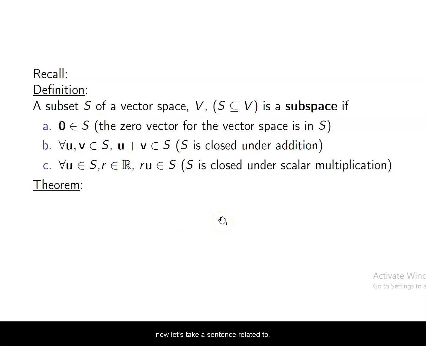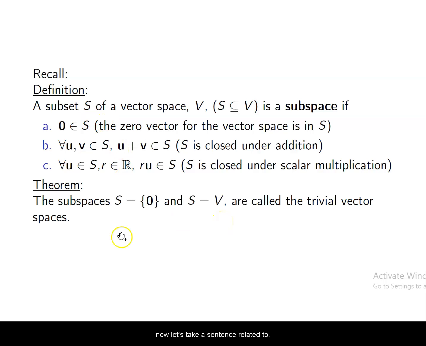That is our definition of a subspace, right? So now let's take a theorem to relate the two. The subspaces are S containing only the zero vector, and the subspace containing the entire vector space itself. Those are called the trivial subspaces because they're boring. I already know V is a vector space. It's a subspace of itself, right? Here, this is the smallest subspace I can have, which is just the zero vector, because if I add 0 plus 0, I'm still inside of 0.